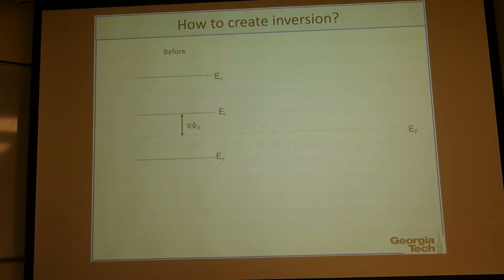Okay, so what does this mean? Let's look at this amount of energy you need to shift. Let's say this is before. That means P-type initially, when the gate voltage is 0.